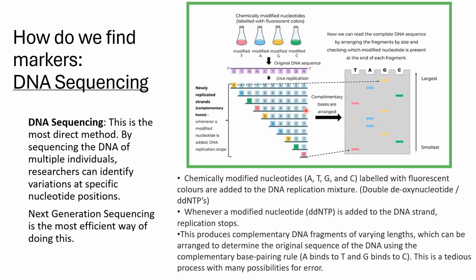What's happening is, because the modified thymine, the ddNTP, is in this vial, but there's lots of normal thymine in there too, chances are that it's going to build with normal thymine, and every now and again it will put down one that is a ddNTP that fluoresces and then stops the reaction. So in this vial we will have 2 that will be created, but it might be multiple ones.